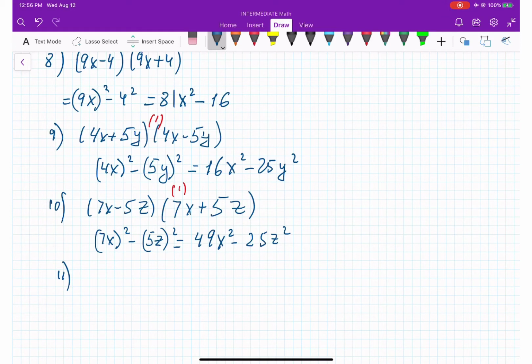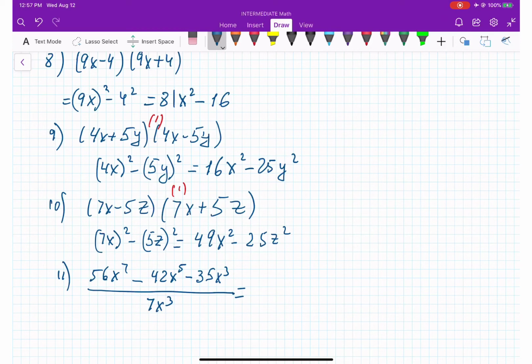Moving to question number 11. What do we have? Okay. We have 56x to 7. Okay, let's make it more interesting. Minus 42x to 5 minus 35x cubed, divided by 7x cubed.